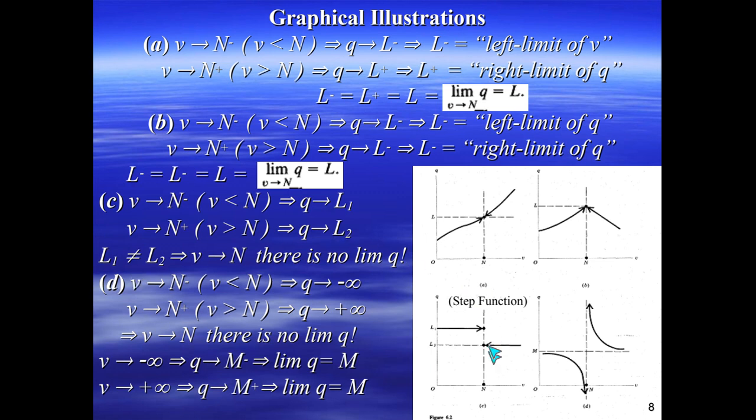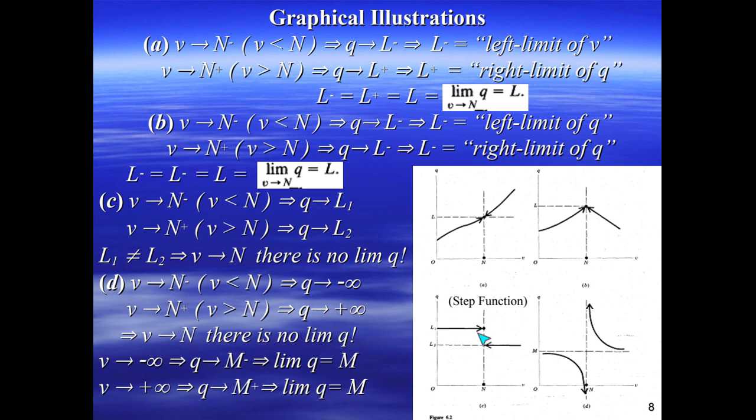The left side limit is different than right side limit. So there is at this point, at point n, V going to n, there is no limit of the function. You see? V goes to n minus, Q goes to L1. V goes to n plus, Q goes to L2, and L1 is not equal to L2.